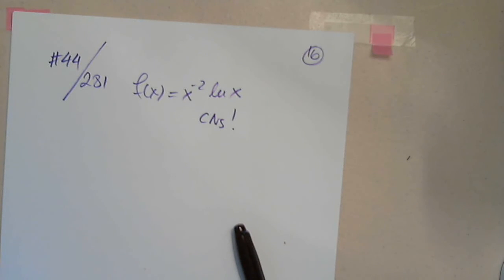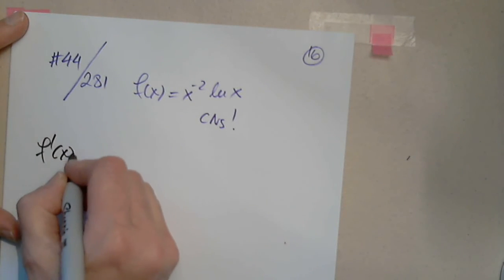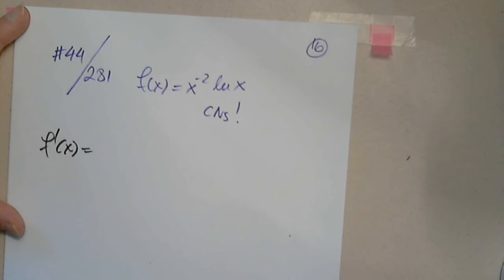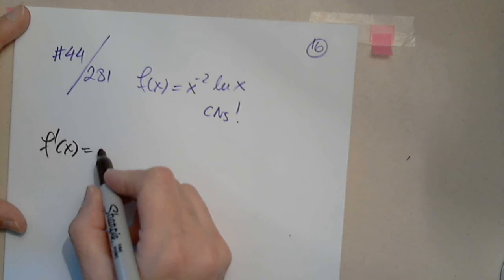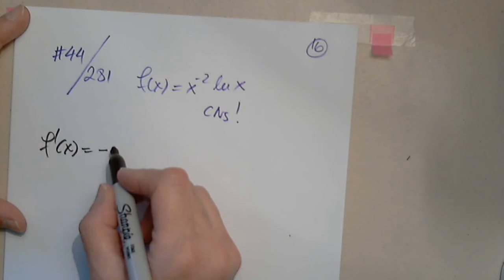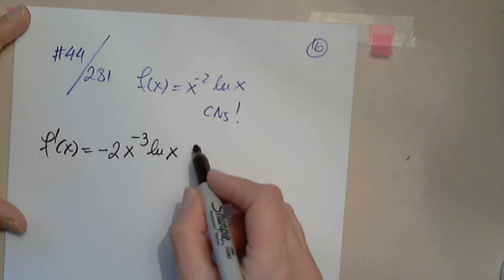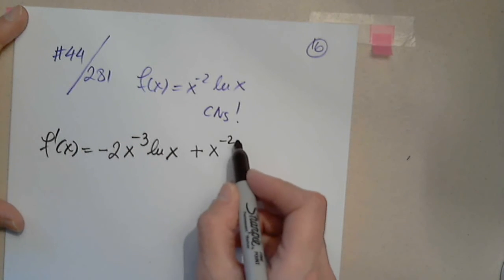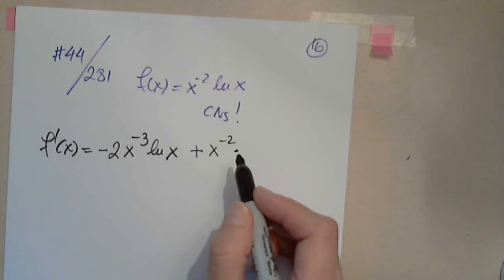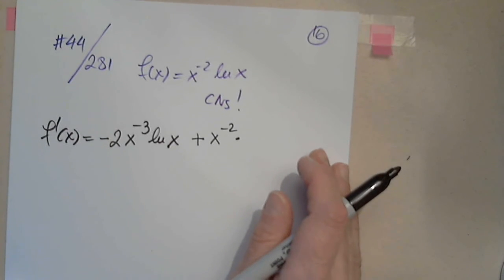Can anyone give us the derivative or anything? The derivative just negative 2x. Yes, so yes, you can write negative 2 x to negative 3 times natural log x plus x to negative 2 times 1 over x.